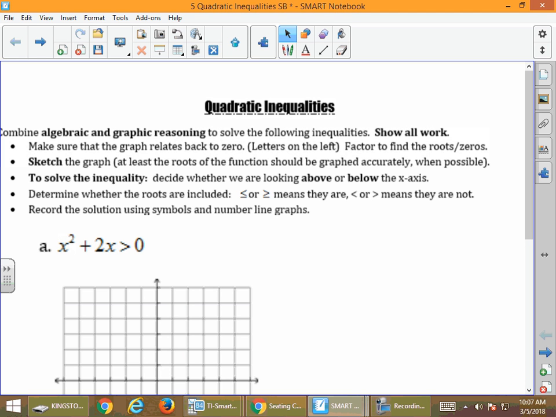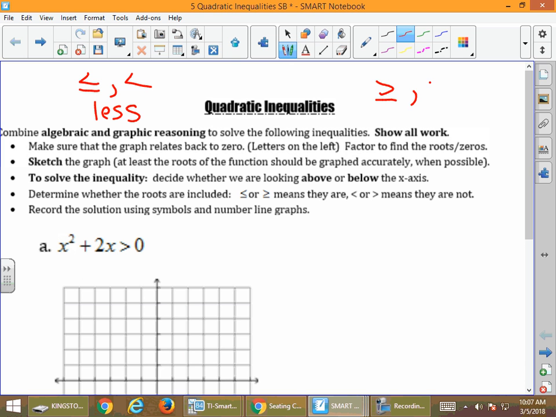And if these symbols give you trouble, maybe at the top of your paper you might want to write down that these two symbols are the less, and then these two have to do with the greater than.